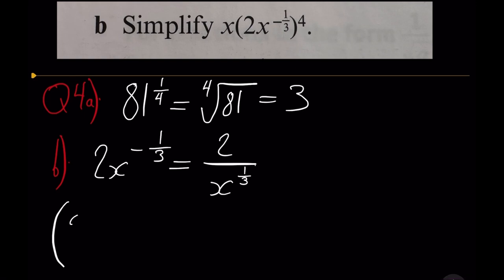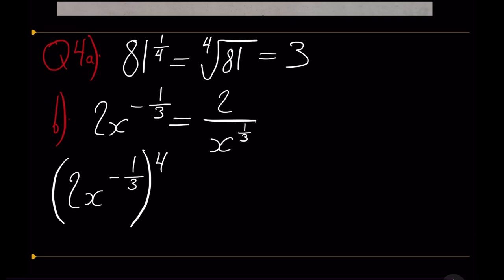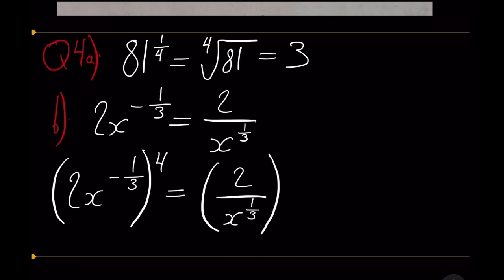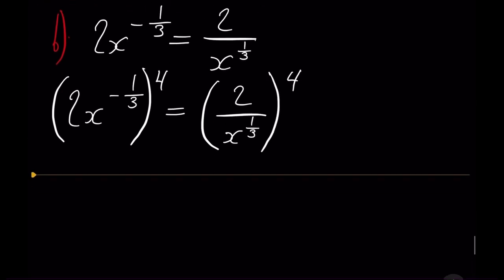So we can raise everything here to the power 4. So 2 times x raised to the power -1/3, all raised to the power 4 is equal to 2/x raised to the power 1/3, all raised to the power 4.